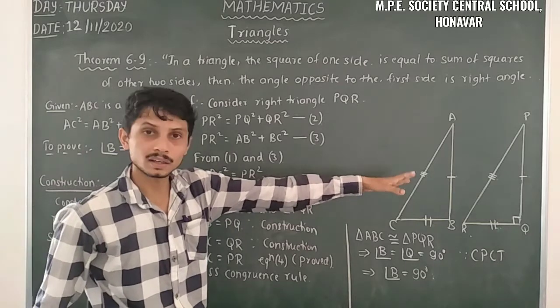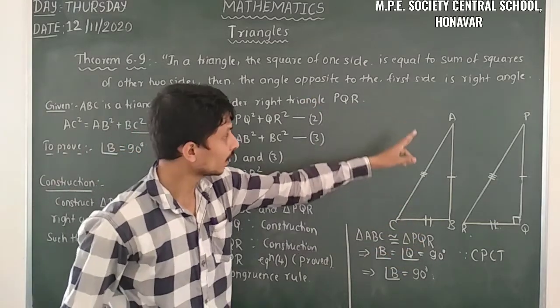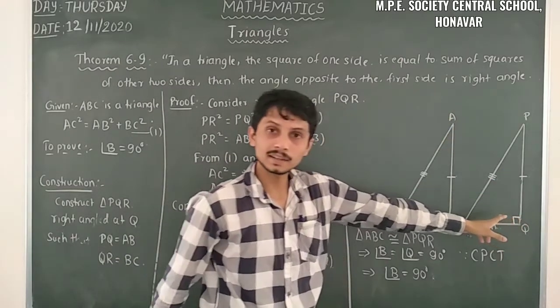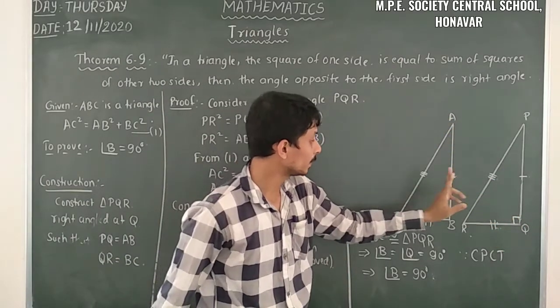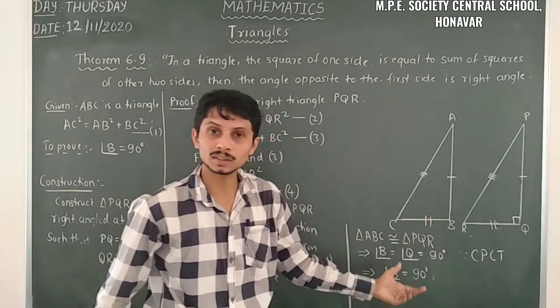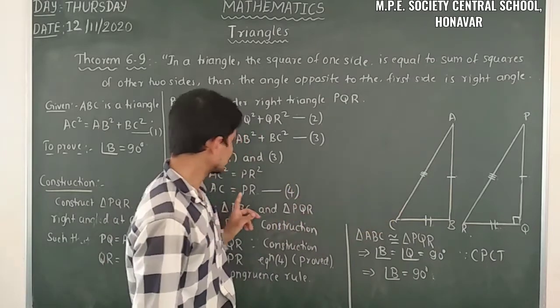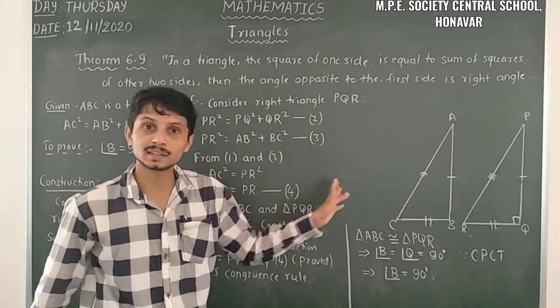We considered another identical triangle, a right angle triangle, with AB equal to PQ and BC equal to QR. Likewise, we took that other triangle and proved that AC is equal to PR, so the other side is also equal.